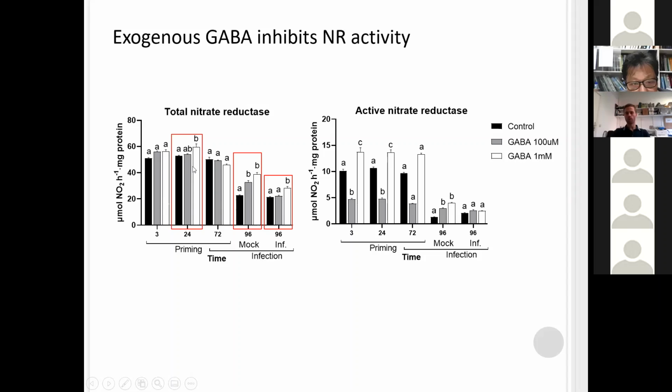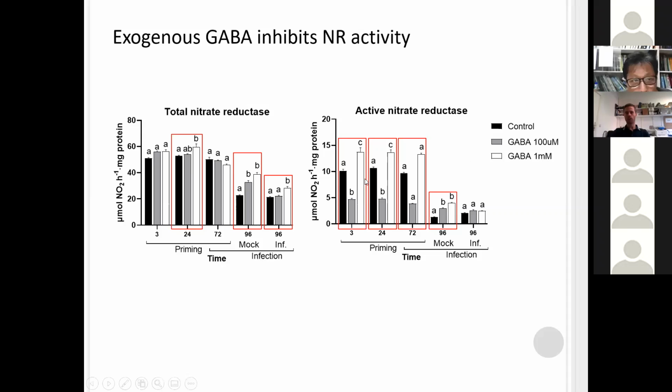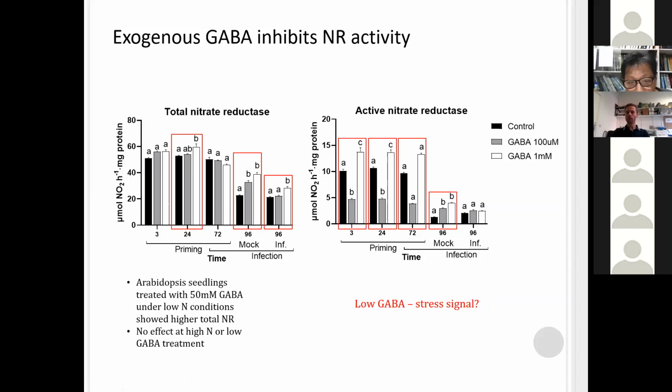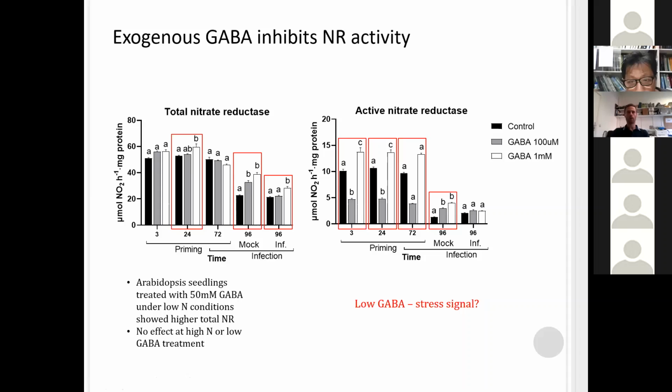Whereas when we moved to active nitrate reductase, which only includes the unphosphorylated version, we saw completely different effects, where high concentration actually increased the activity, but a lower concentration inhibited the activity, suggesting that at low concentrations, maybe GABA acts as a stress signal, but at high concentrations, GABA is actually depicting a nutrient or enough nutrients in the plant. So it's actually serving as a nutrient source for the plant at high concentrations. But at low concentration, it seems to be a stress signal.